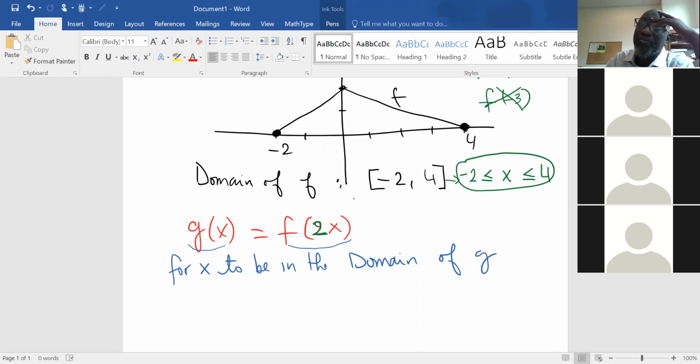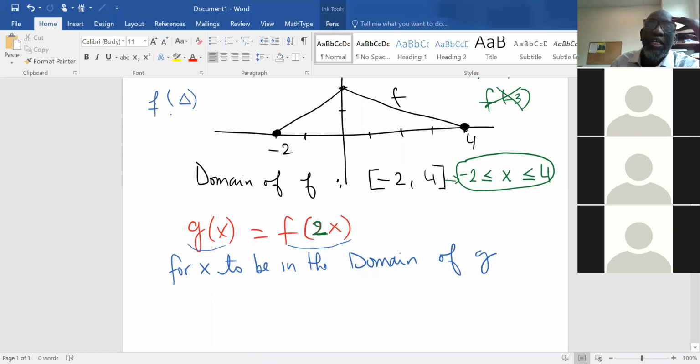It must be in the domain, between -2 and +4, right? F of delta makes sense if delta is between -2 and 4.